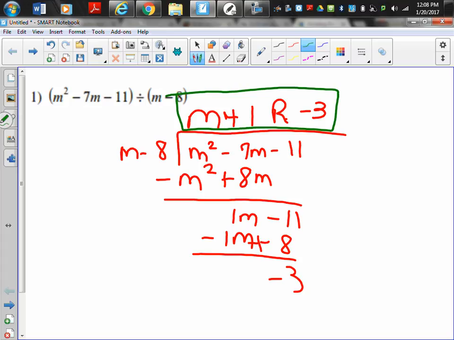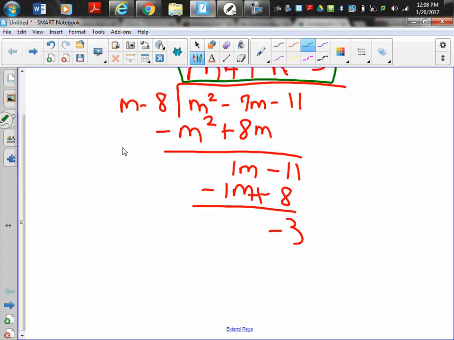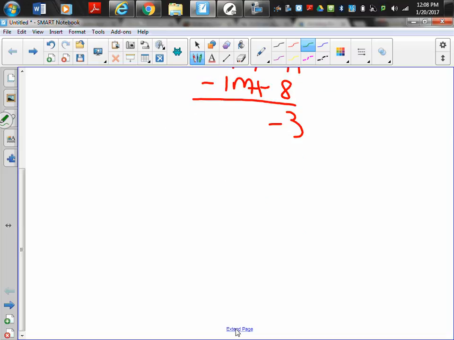All right, so now I'm going to take m minus 8 times m plus 1. And we're going to multiply back together.